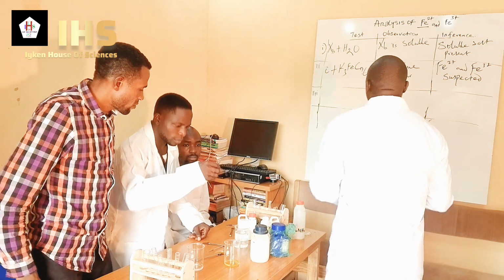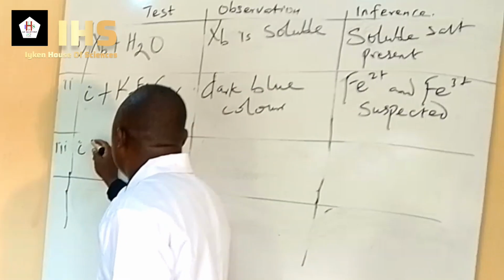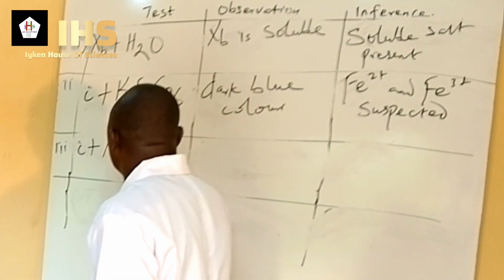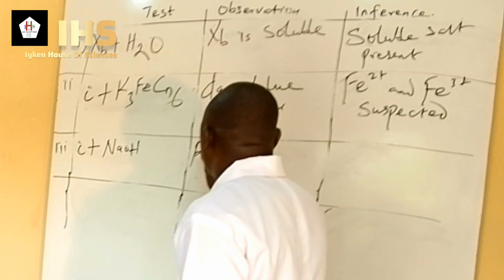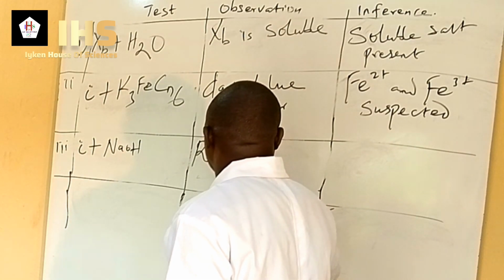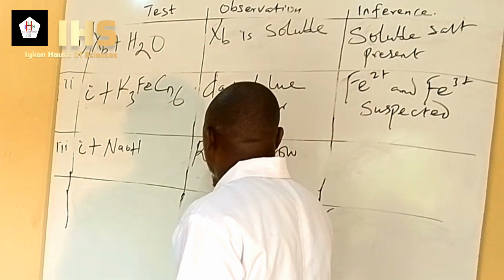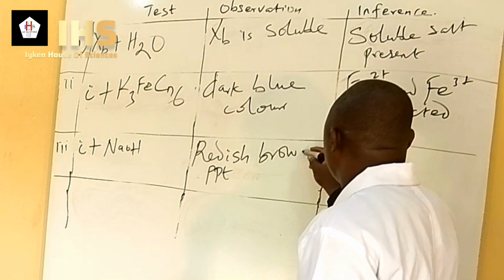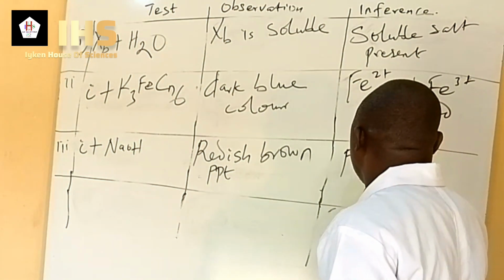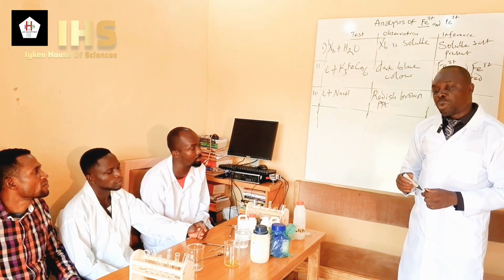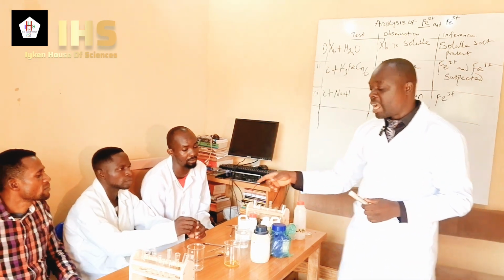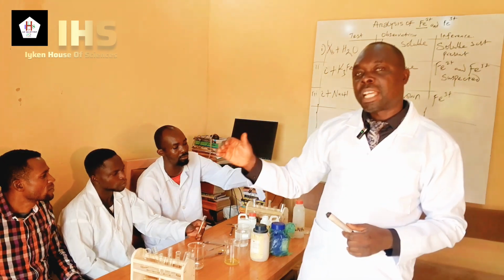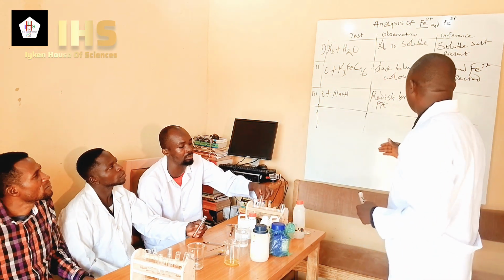So iron 3 plus sodium hydroxide is giving me a reddish brown precipitate. Then I suspect iron 3. Only iron 3 can do that, because when we added the same reagent to iron 2, it gave us the dirty green color, but iron 3 gives the color reddish brown.